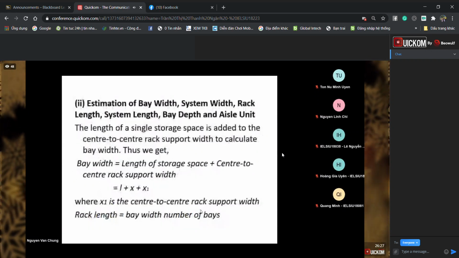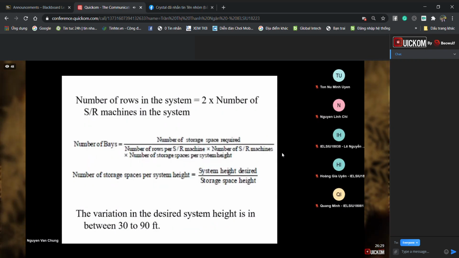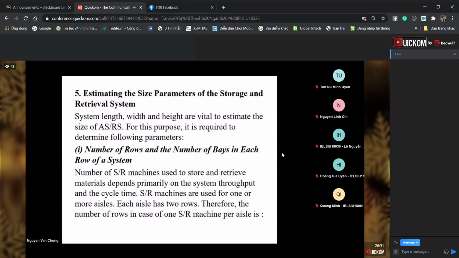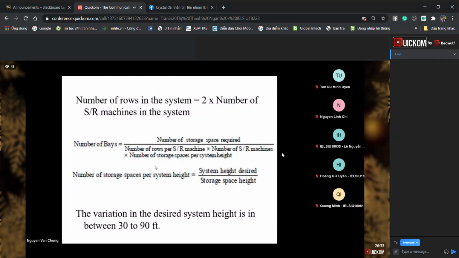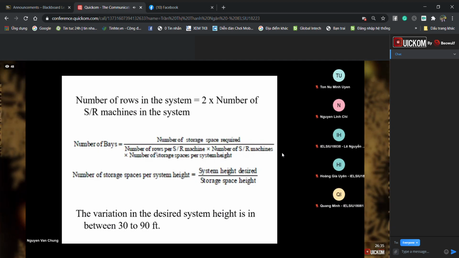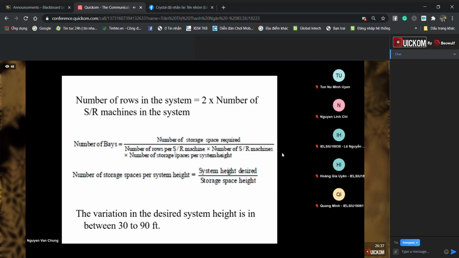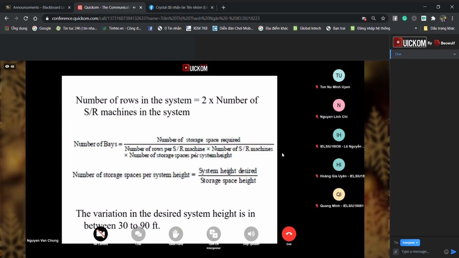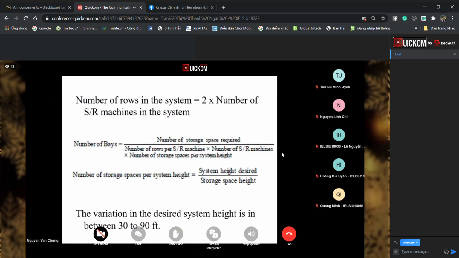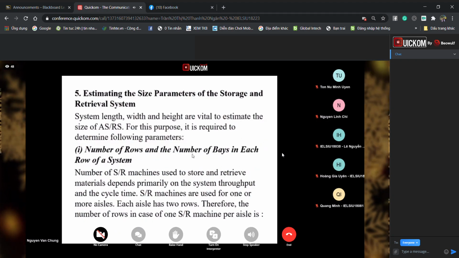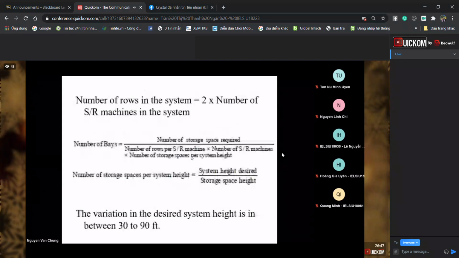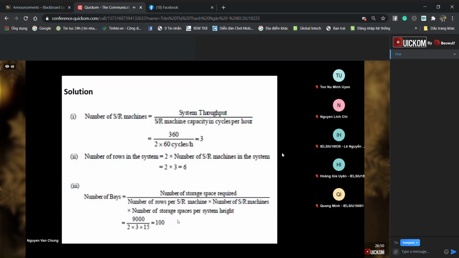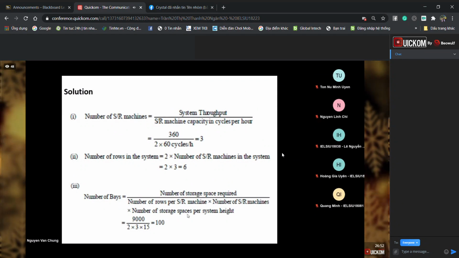Now you can check this. Okay, so the number of rows per ASRS machine, you have, okay, so like that, this is the two. Okay, so like that, you can check this.